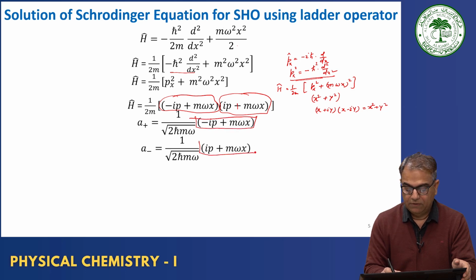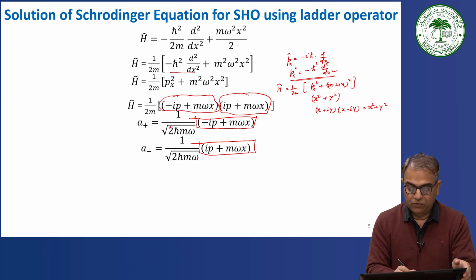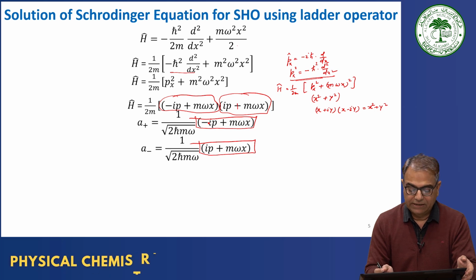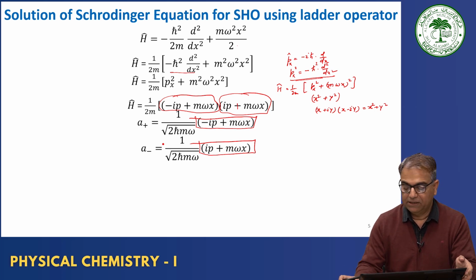The only addition is the factor 1 over under root 2 h cross m omega, which is added so that the results we obtain look nicer. We are not the first to do it, many people have done it. This is a constant term, and it is the common term in both a plus and a minus, and we say these are the two operators, a plus and a minus operator.